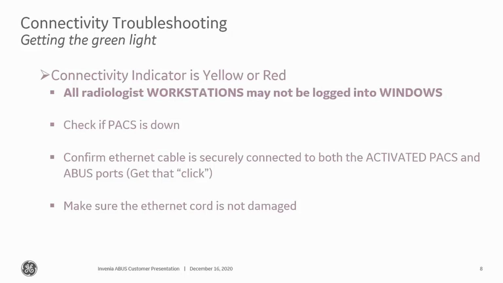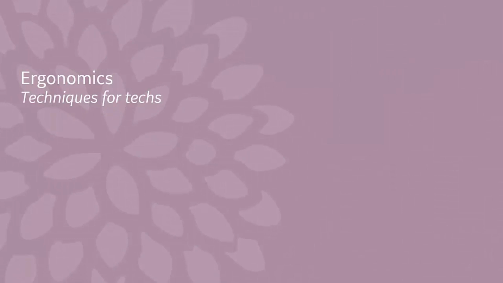All right, so as far as ergonomics, they are very important. As technologists, many of us work in pain. So that's the whole principle behind ABUS. It is overall a very ergonomic system, but there are a few things that I want you to be mindful of as you scan.